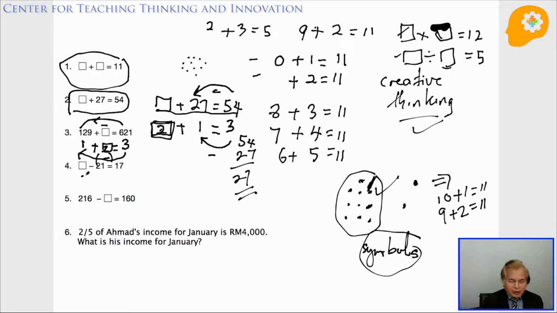But this is another problem. Maybe this is not too much of a problem for some kids, but in this kind of problem, what minus what equals 17, that might be a problem sometimes. In fact, most students, through my experience, find it difficult to figure out. But as parents, because they are still in primary school, you cannot use equations like x minus 21 equals 17, then tell them minus becomes plus.